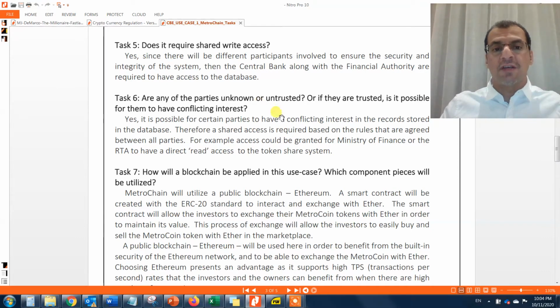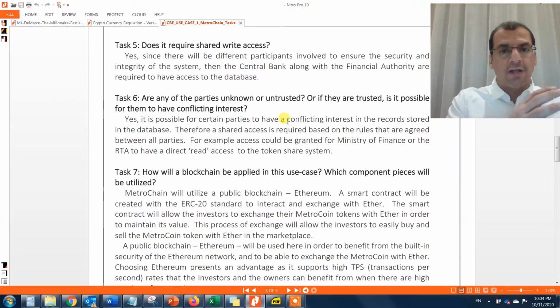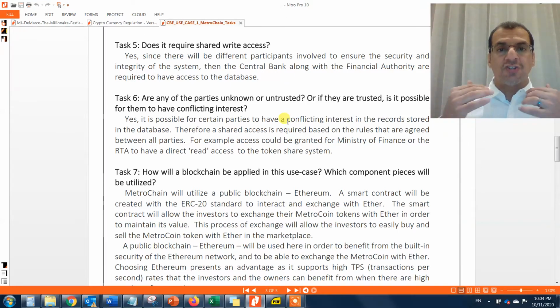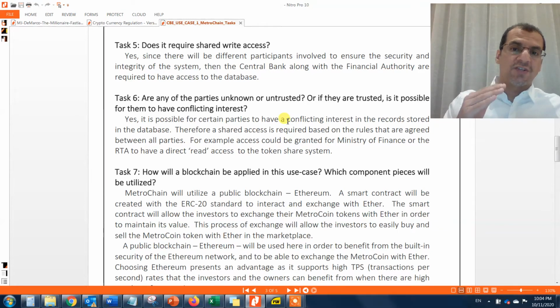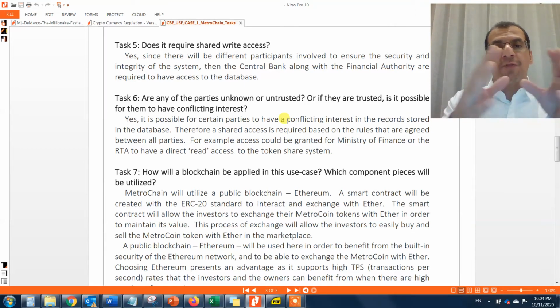And this is why we're saying that in a shared ownership database, we can grant access to both parties at the design of the application, which means we can take the requirements of the Ministry of Finance along with the requirements and the criteria of the central bank and design that into the shared ledger database, the distributed ledger, as part of the transactions that will be added to the system. So whenever a transaction is added to the system, it takes into account the criteria from both entities.